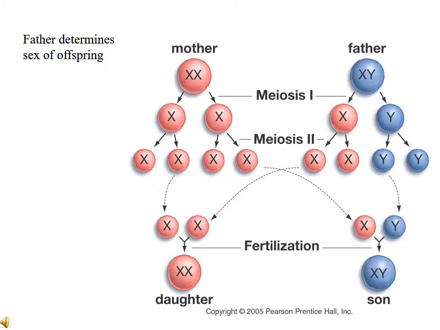The father can only have an X and a Y. During the process of meiosis, the only gametes that can be formed by the mother are going to be X's, X's, and X's. However, the father produces 50% X's and 50% Y's. So during the process of fertilization, there's a 50% chance that it's going to be a son or daughter.